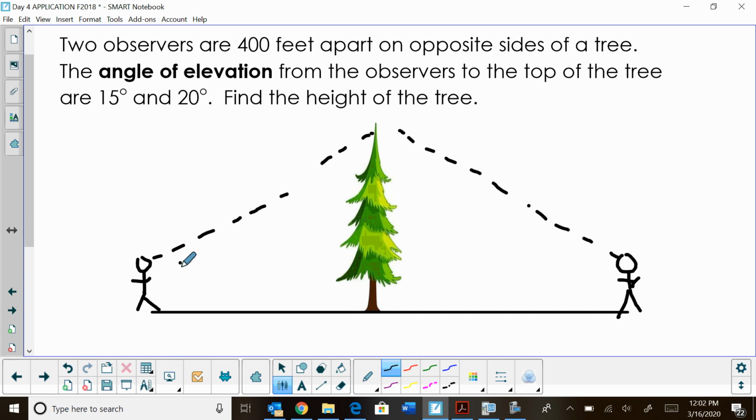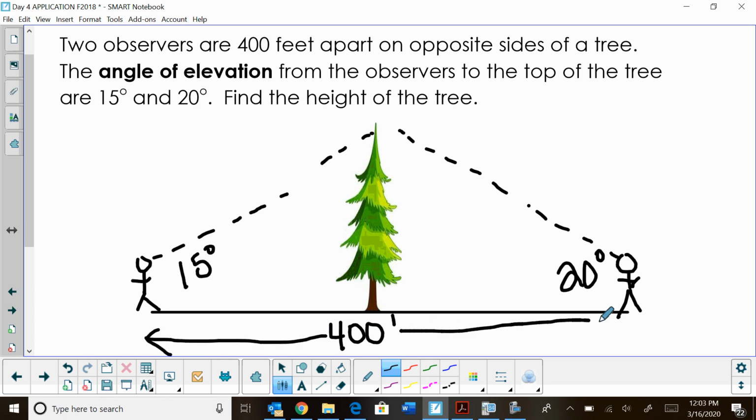The first one has an angle of elevation of 15 degrees. The second one has an angle of elevation of 20 degrees. Now those angles of elevation are actually inside the triangle this time. And then we're told they are 400 feet apart, so this entire side is 400.